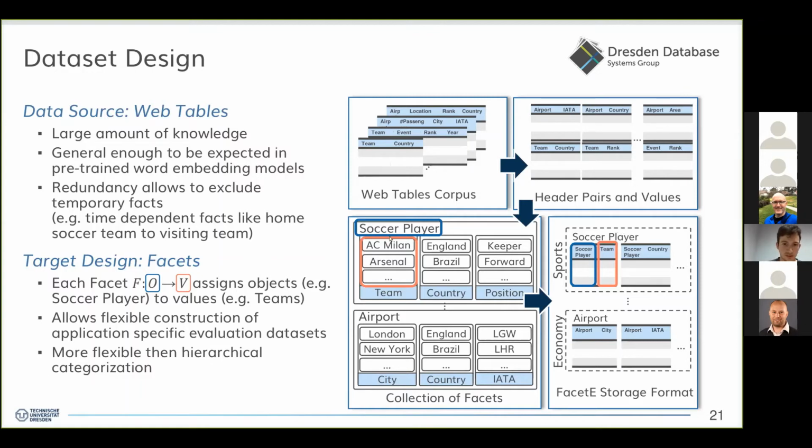With these facets, the tester can, as I said, extract specific object sets or specific facets which fit to the task to construct its own evaluation set, and the facet structure gives a bit more flexibility than if we would choose a hierarchical organization of relations.